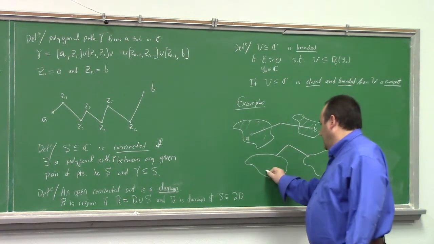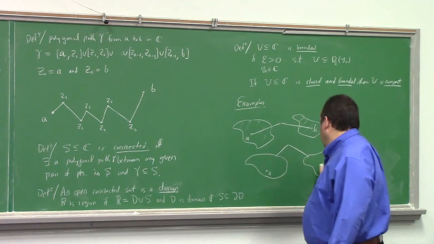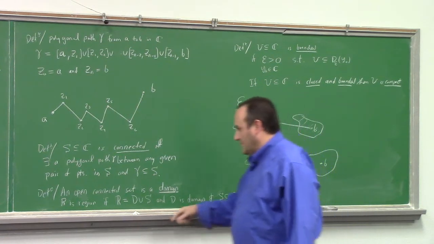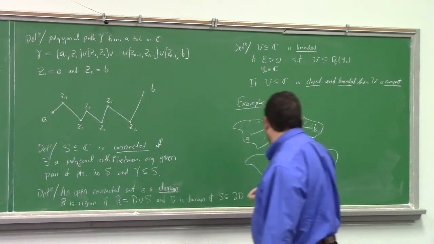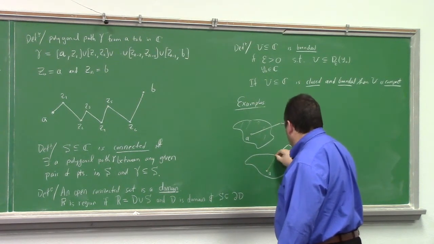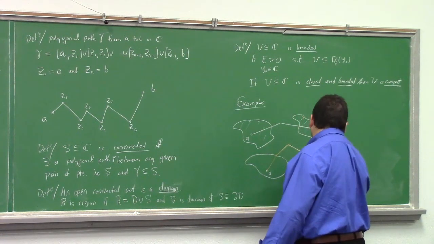this would be polygonal connected. See, because I can take any point here, and any point over here. Of course, you can connect any point in the two little blobs I just drew here. So what you can do is just go like this, and then follow that line segment, and then follow that line segment, and then follow that line segment.